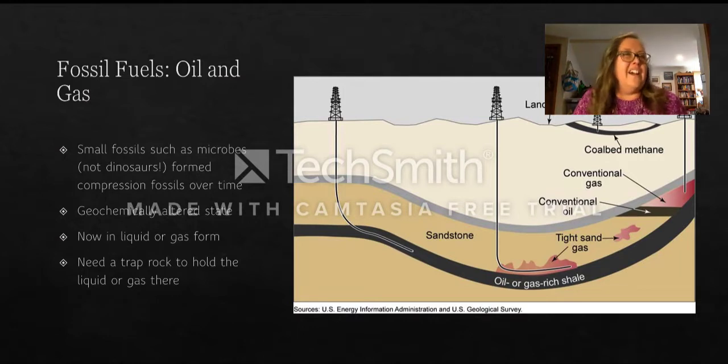We're going to kind of approximate the process of compression fossils, even though we're not going to make a fossil because we don't have to wait 10,000 years and we don't have that kind of pressure to put on it. But we're going to approximate it with that. You can also get flowers if you want to sort of dedicate a flower to pressing. You can do that as well and make some interesting designs. So let's go ahead and do that.